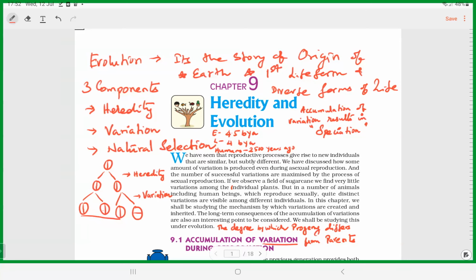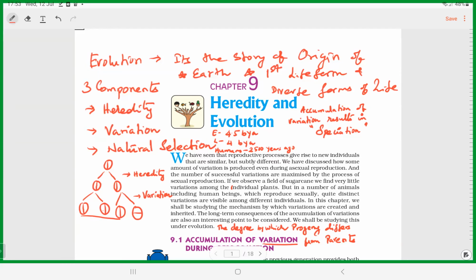I gave you one definition: it is the biological process by which organisms produce progeny more or less similar to their own kind. If more similar, it is asexual reproduction. If less similar, meaning little variation is there, it is sexual reproduction. Clones are produced in asexual reproduction.